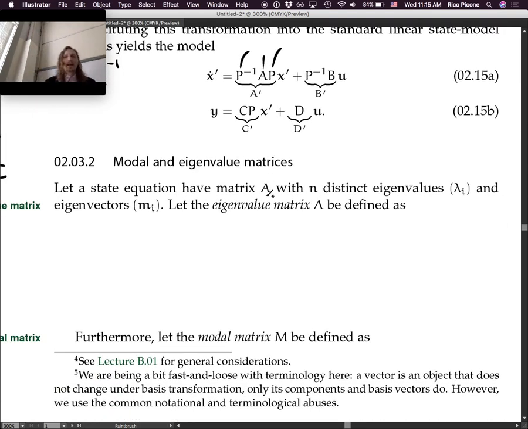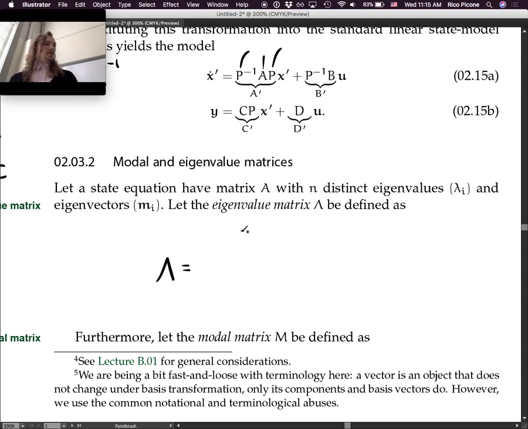Okay, so modal and eigenvalue matrices. This is just a definition. Let a state equation have matrix A with n distinct eigenvalues lambda i and eigenvectors m i. Let the eigenvalue matrix lambda, this is capital lambda, be defined as, whoa, that was really big, maybe a smaller lambda.